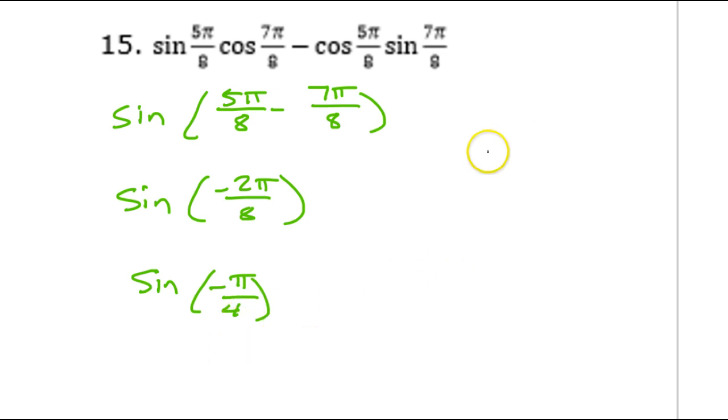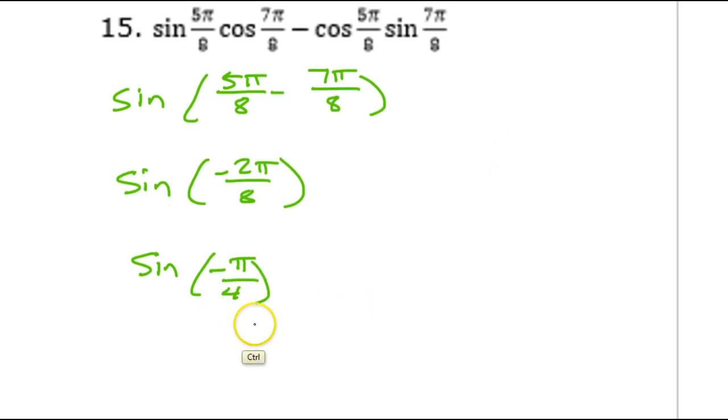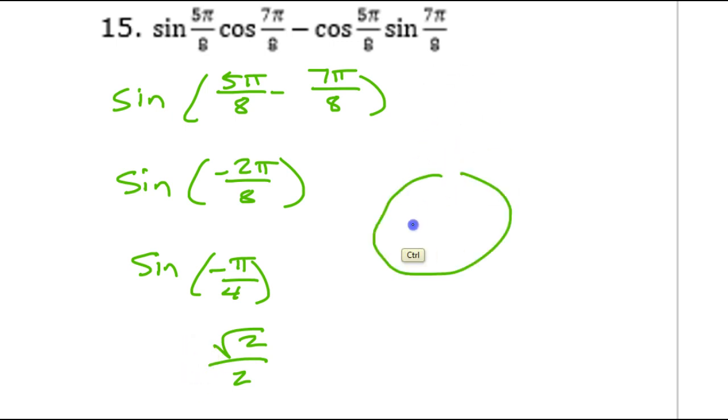Okay, now the reference angle is clearly pi over 4. So we know that the sine of pi over 4 is radical 2 over 2. The only question is, will the sine of negative pi over 4 be radical 2 over 2, or will it be negative radical 2 over 2? And that depends on the quadrant.